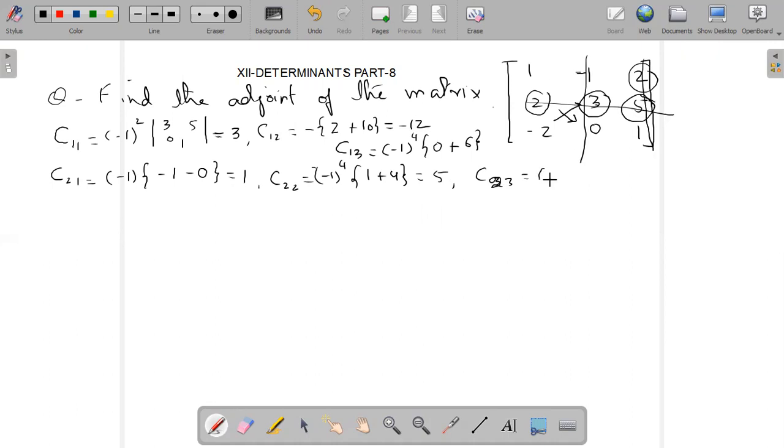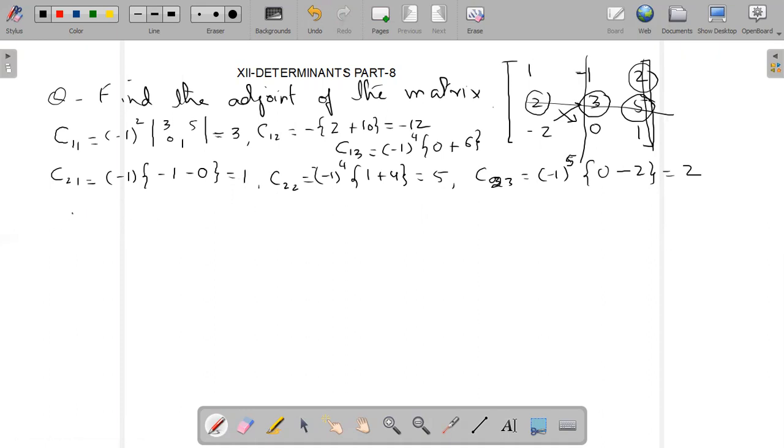Minus 1 raised to power 5 means a negative value. 1 into 0 is 0, and minus 3 times minus 2 ones are 2, so minus minus plus, the answer will be 2.